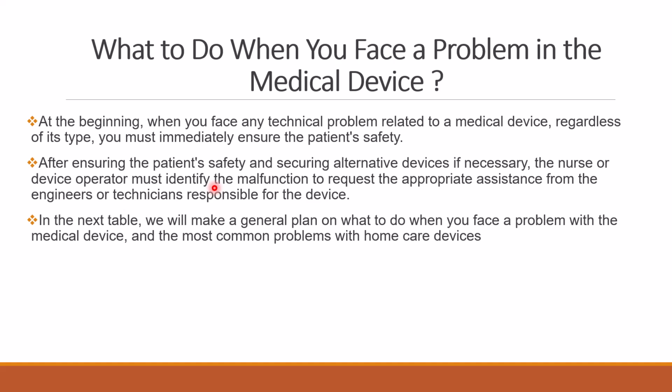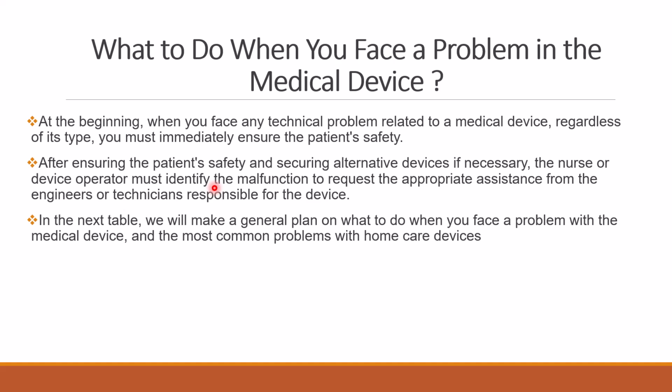So if we face a problem with the medical device that we are using, we are going to focus directly on the patient's safety. If there's any kind of risk to the patient's life or health condition, we are going to fix it first, and after that we will see what we can do with the medical device.